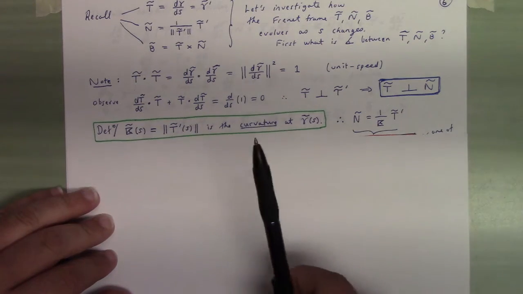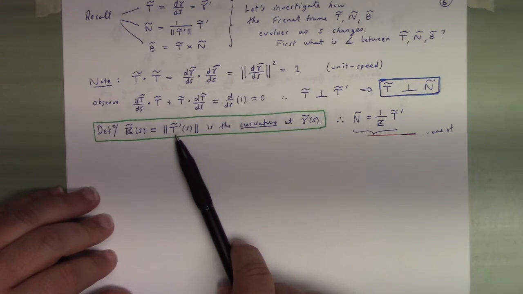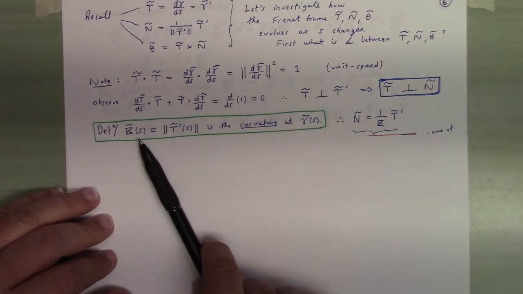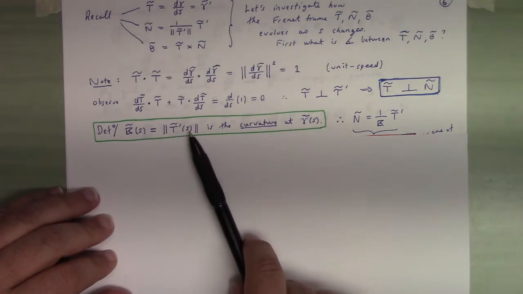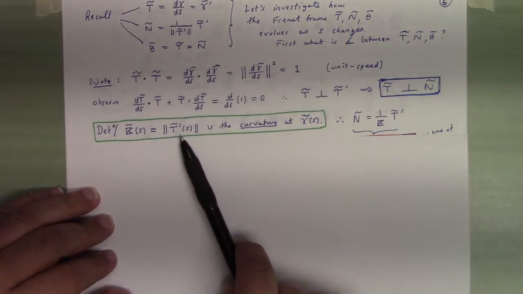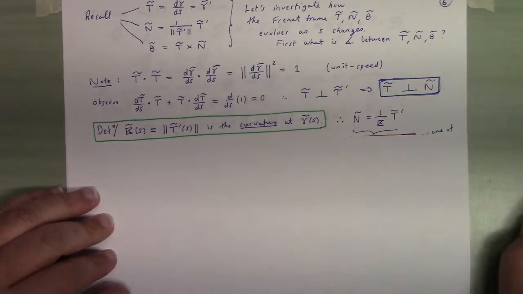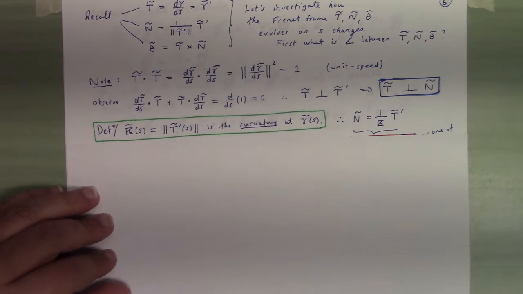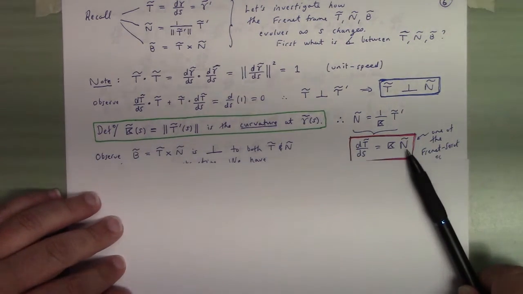So we can define one thing already. We can say that the curvature, and I wrote a tilde over it because it's curvature as a function of arc length, is the magnitude of the derivative of t tilde, so the magnitude of t prime. And so what that means is that the change in t tilde is kappa times n tilde.